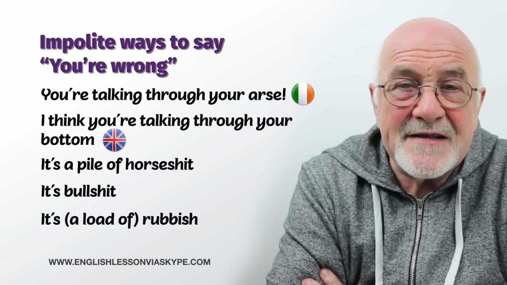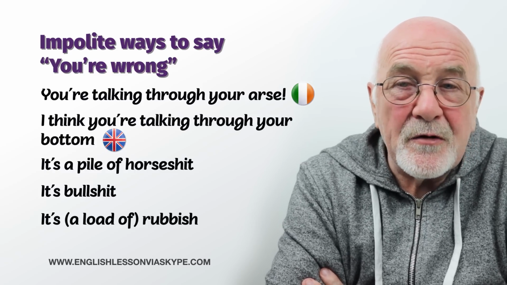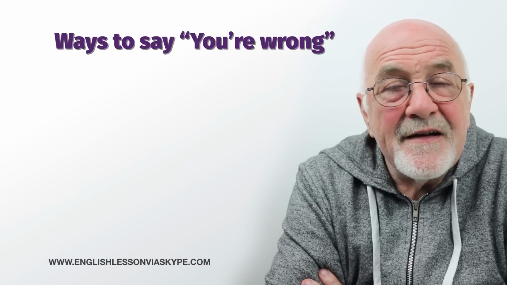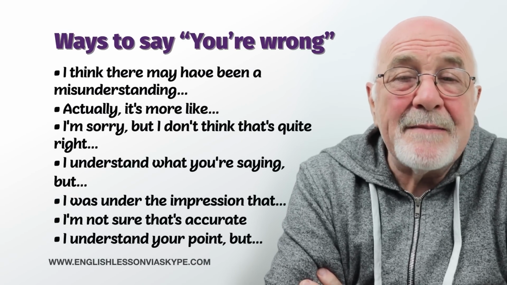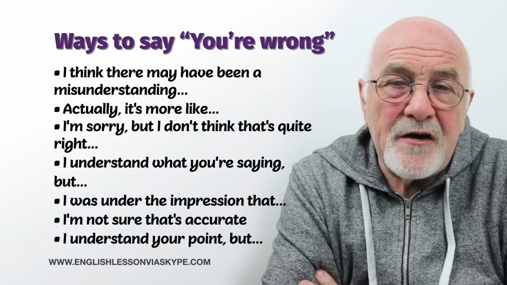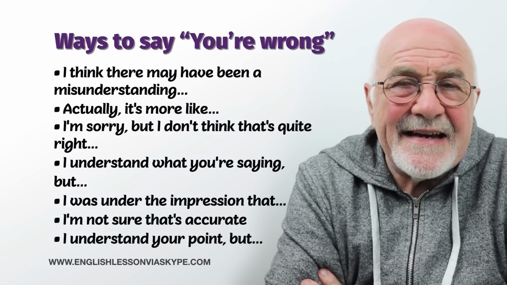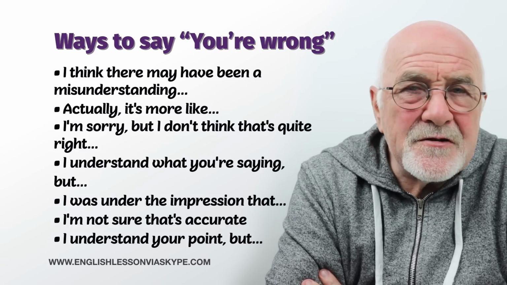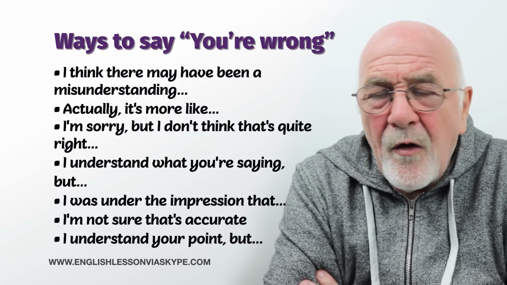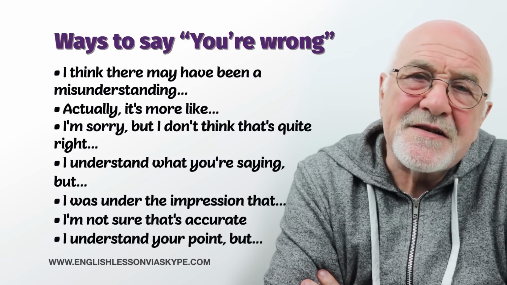So whatever you say it, somebody's going to really know that you're annoyed or that you don't think much of their ideas. Whereas the other suggestions that I've given you, the other expressions, are really to be polite. So you give the opportunity for the person to check it themselves. You're not indicating outright that they're wrong. So you're using expressions, I was under the impression that, if I'm not mistaken, it's actually this, it's my understanding that.